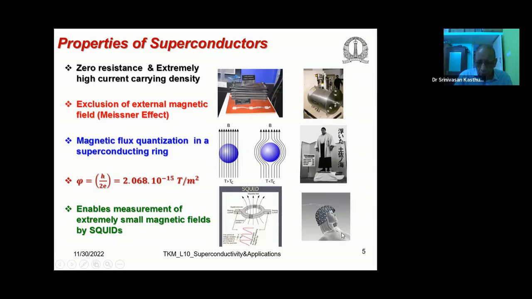Now, these are SQUIDs. Many SQUID sensors are used for measuring brain signals. This is one of the applications.